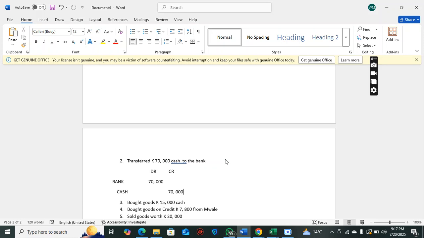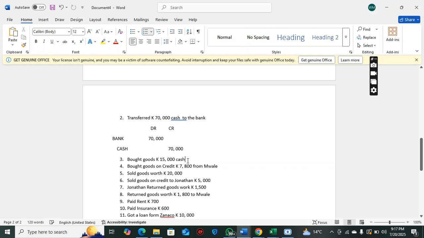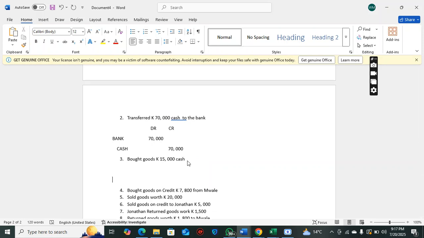All right, we go to the next transaction. Bought goods, 15,000 for cash. So we identify this transaction. We are buying goods for resale. So the two accounts involved are the purchases expense account, because when you buy the goods, that's an expense to you, and then since we are paying cash, there's a reduction in our cash.